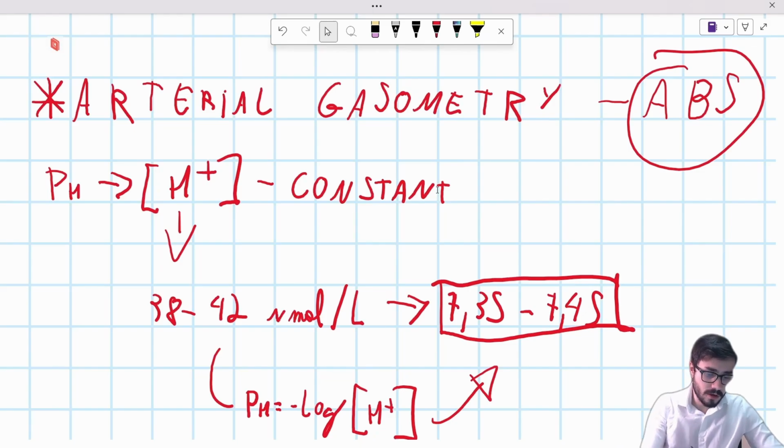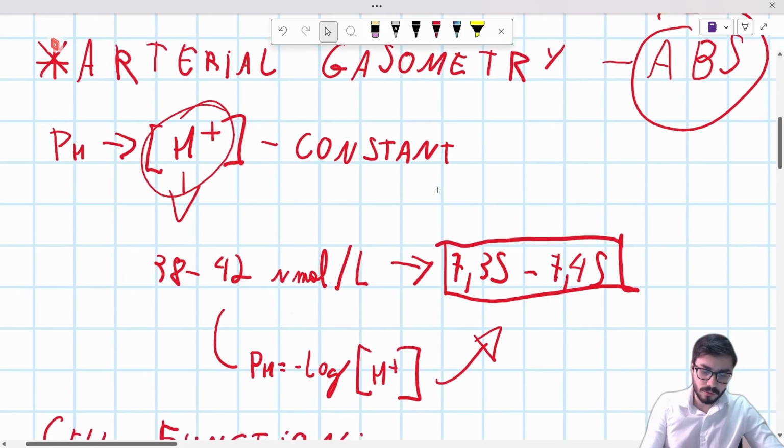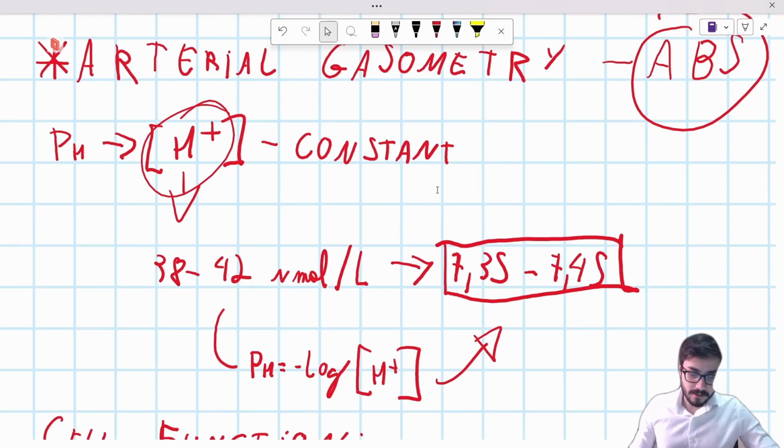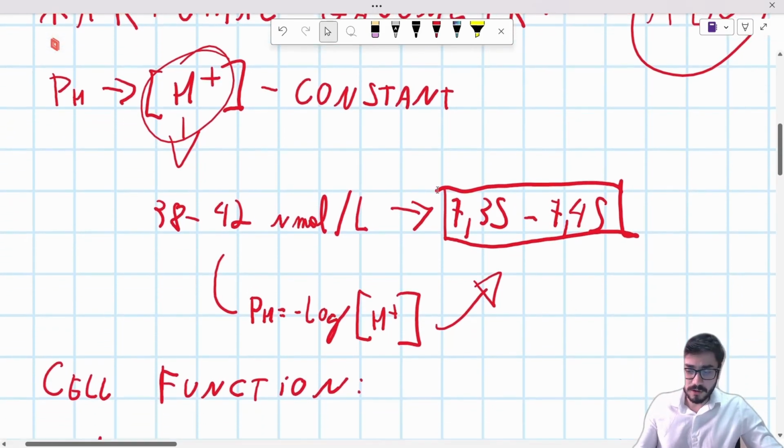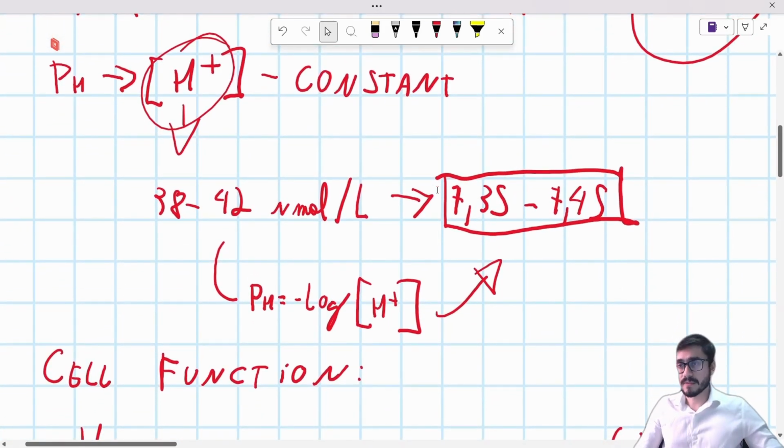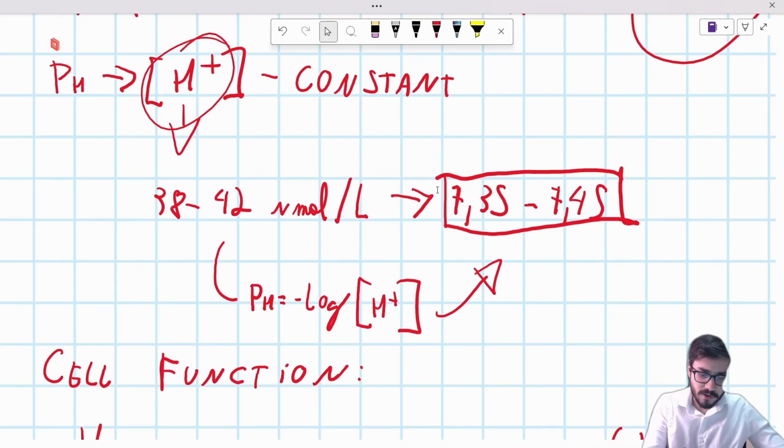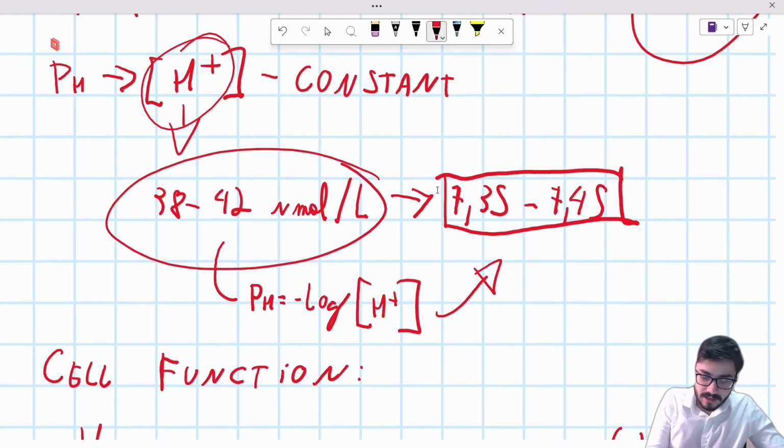So first of all, what is pH? pH is nothing else than the concentration of the proton H+, the hydrogen in our blood. The normal concentration will be between 38 to 42 nanomoles per liter. But in order to have a simpler number, we transform this into a logarithmic scale.